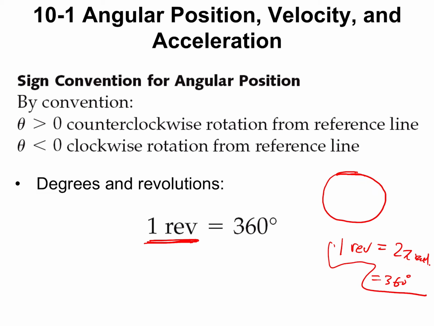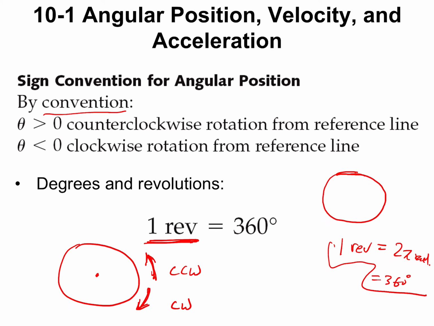And also by convention, if you have rotational motion, suppose this is a disk rotating about this axle. If you observe this disk, it either rotates clockwise or counterclockwise. You only have two ways to rotate.